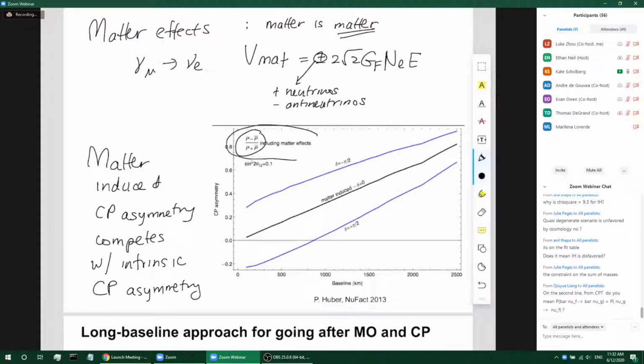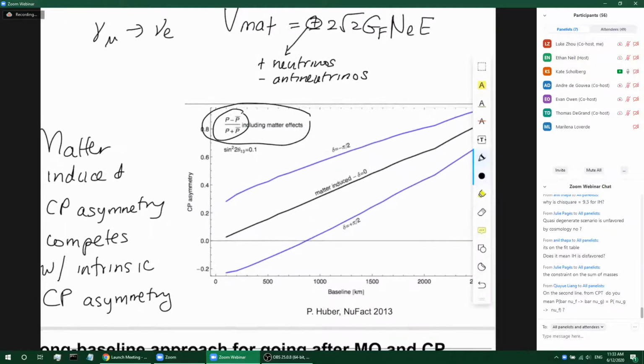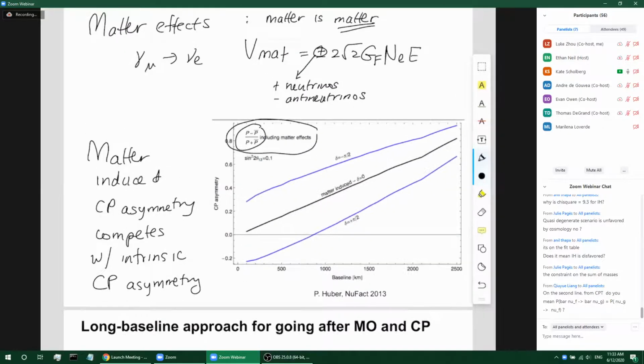This is a way of quantifying the asymmetry. If you plot that as a function of baseline, even with delta equals 0, even if you have zero intrinsic PMNS CP asymmetry, you still have a matter-induced one. So the trick is to disentangle the matter-induced and the CP asymmetry. And that's the game that we're playing.